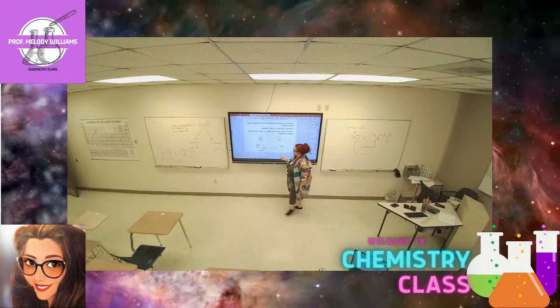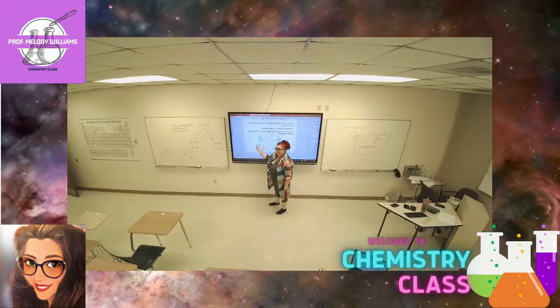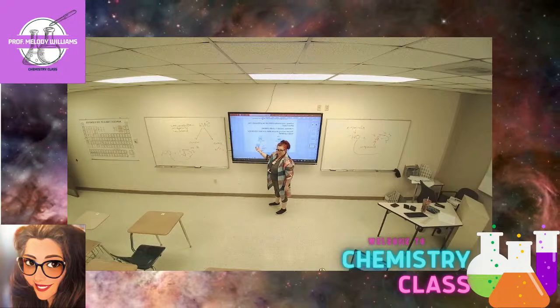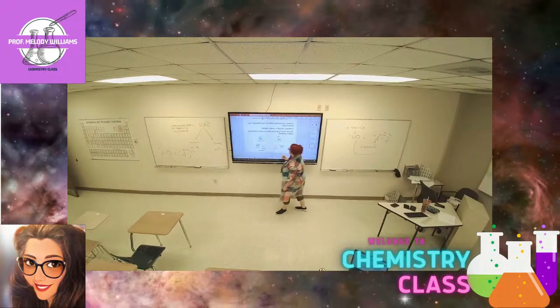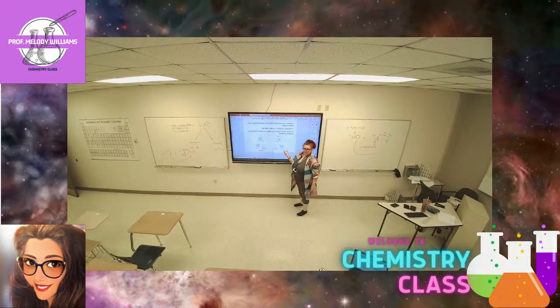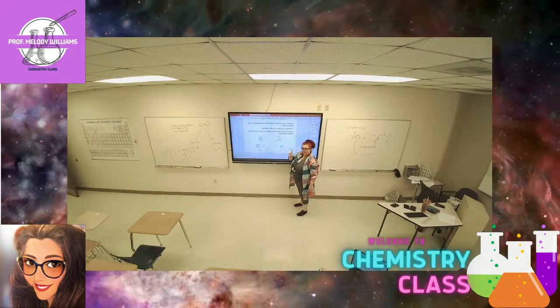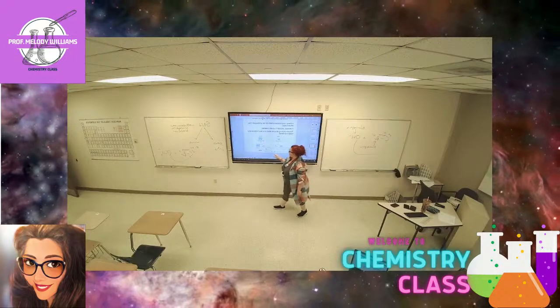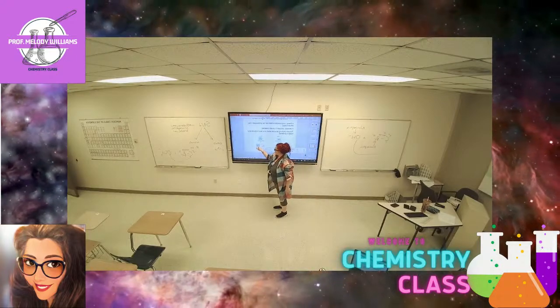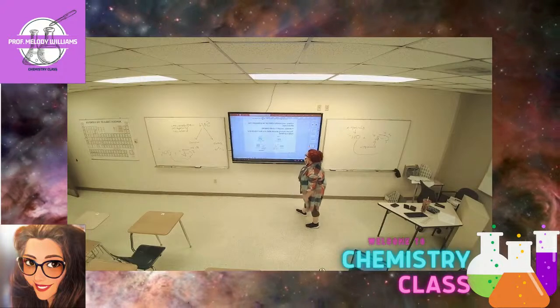So in this case, this would be like a secondary alkoxide, right? This is a primary alkoxide because that carbon it's attached to is attached to one other carbon, one primary. This one attached to two, secondary.